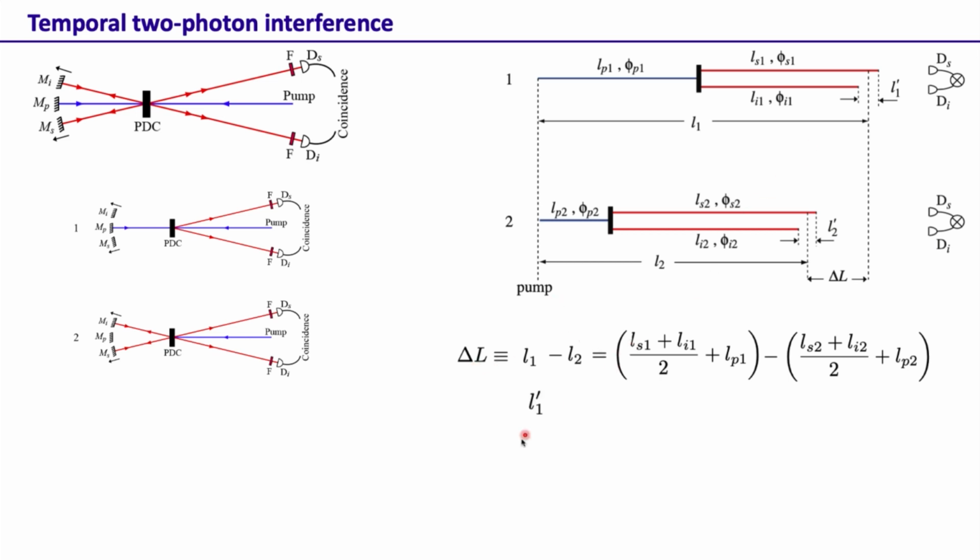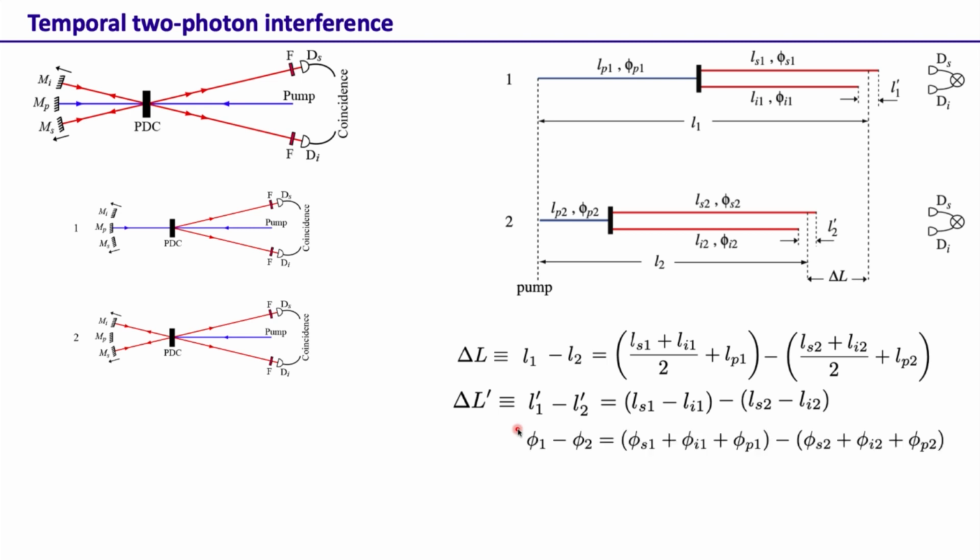Let's also define an L1 prime. L1 prime is the difference of the path lengths traveled by the signal and idler photon in alternative 1. Similarly, L2 prime is the difference of the path lengths traveled by the signal and idler photon in alternative 2. And their difference, L1 prime minus L2 prime, we represent by delta L prime. This is the two photon path asymmetry length, as we call it. We can also define phi 1 and phi 2.